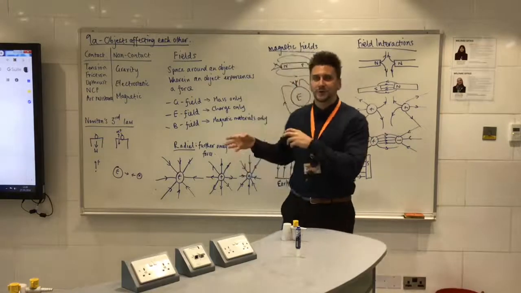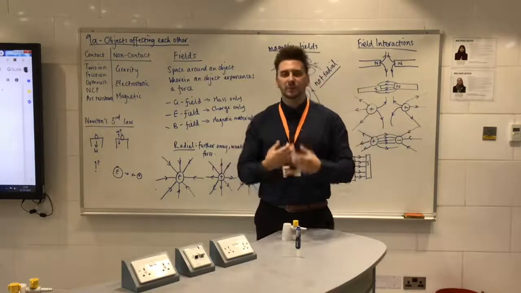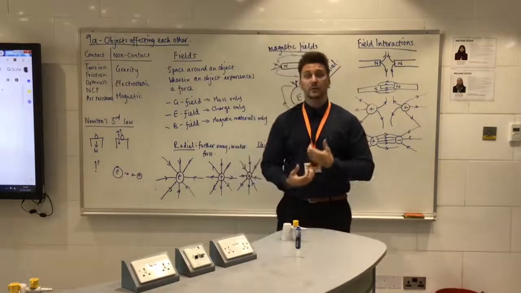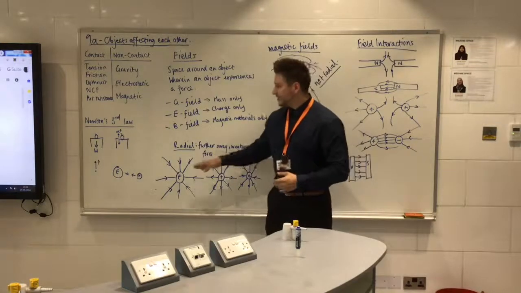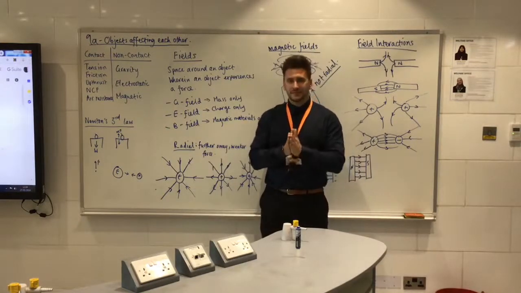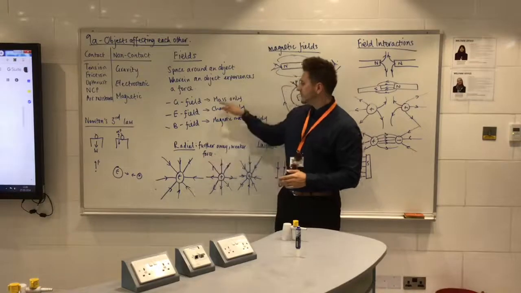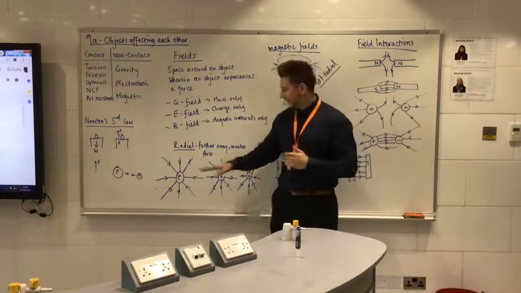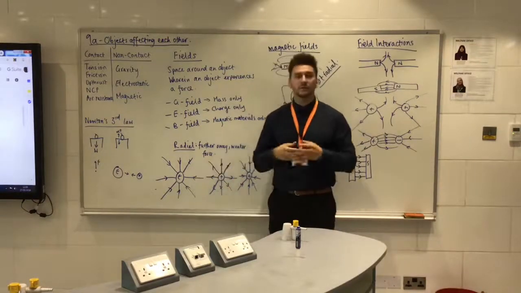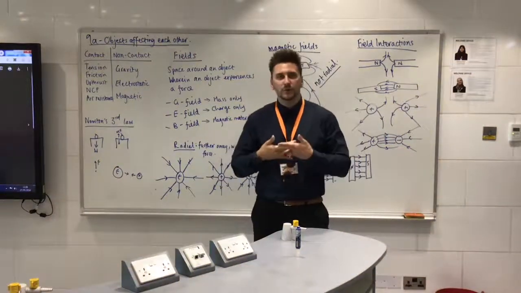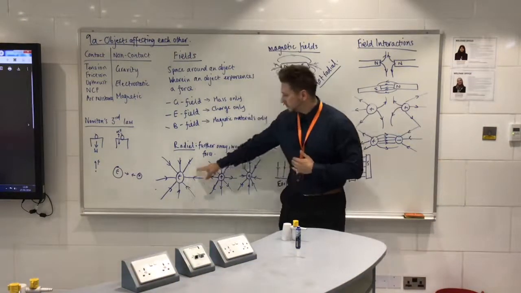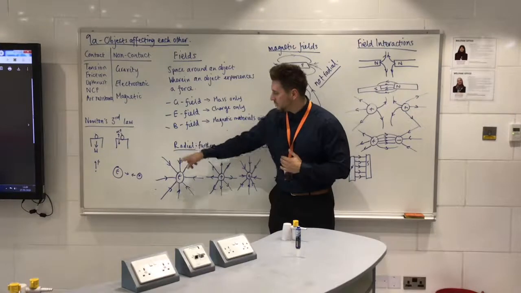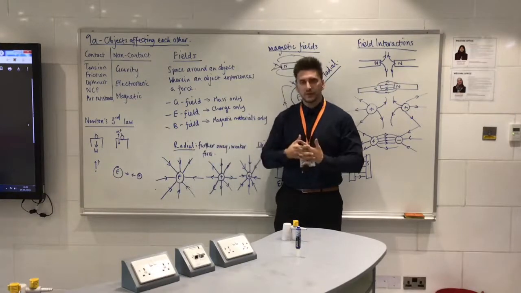If you're going to draw arrows on your field to represent which direction the force would be if an object were within that field, gravity is always attractive. Gravity will always attract mass, it will never repel. So the arrows for a gravitational field are quite straightforward, they're always in towards the object. So this is a radial field for a gravitational field, arrows pointing towards the center of the Earth.